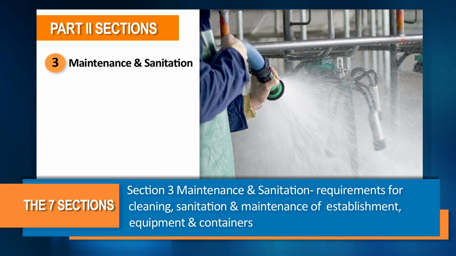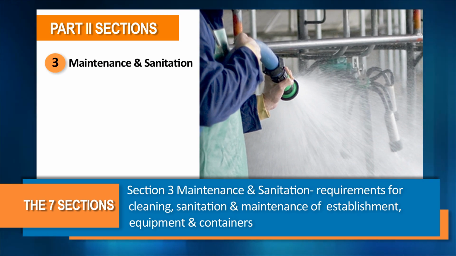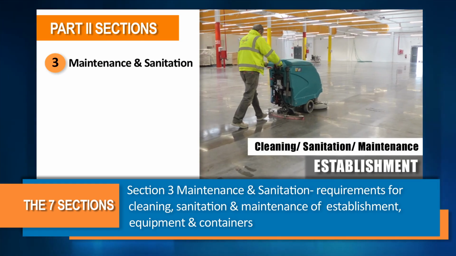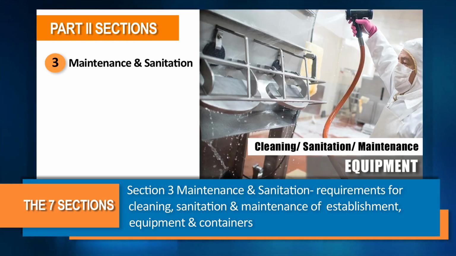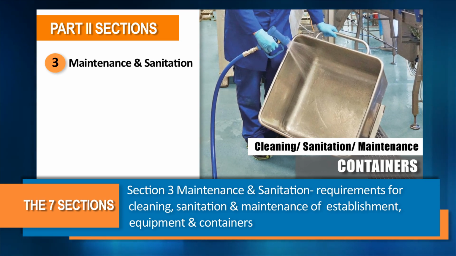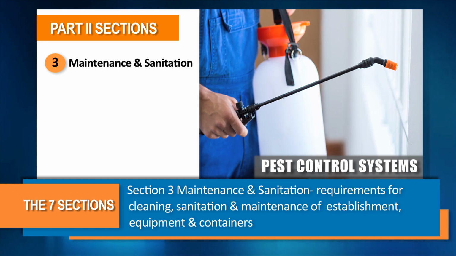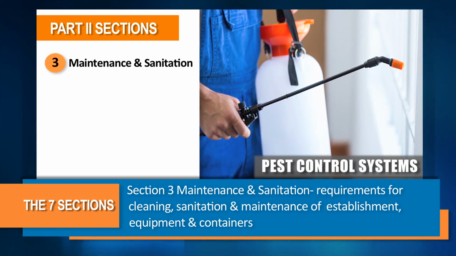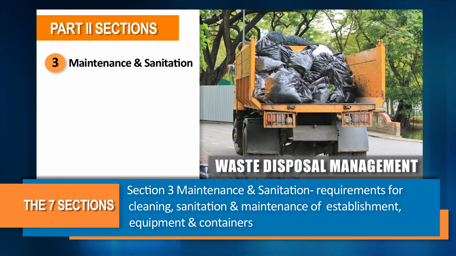Section 3, that is maintenance and sanitation, lays down requirements for cleaning, sanitation and maintenance of the establishment, equipment, and containers used in food manufacturing. The sanitation requirements also include pest control systems and waste disposal management.